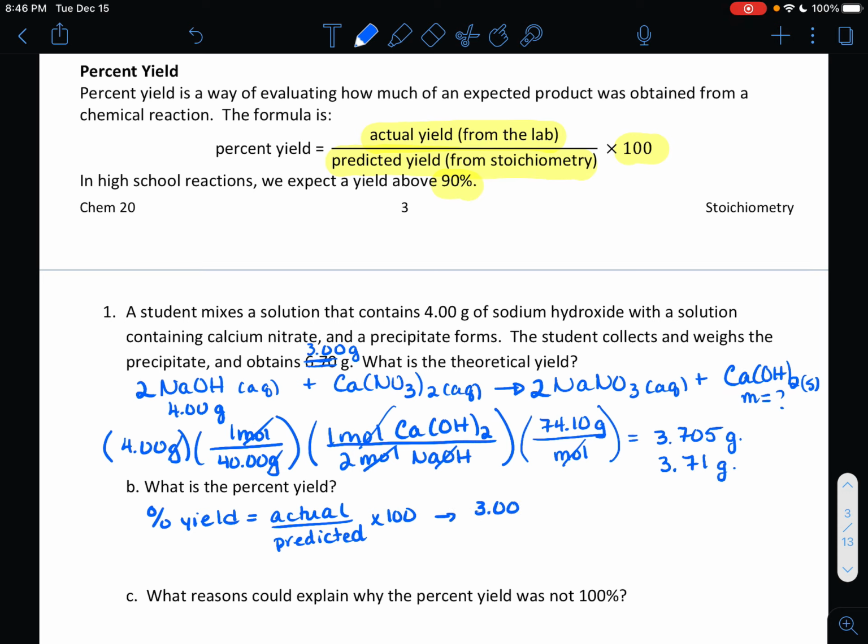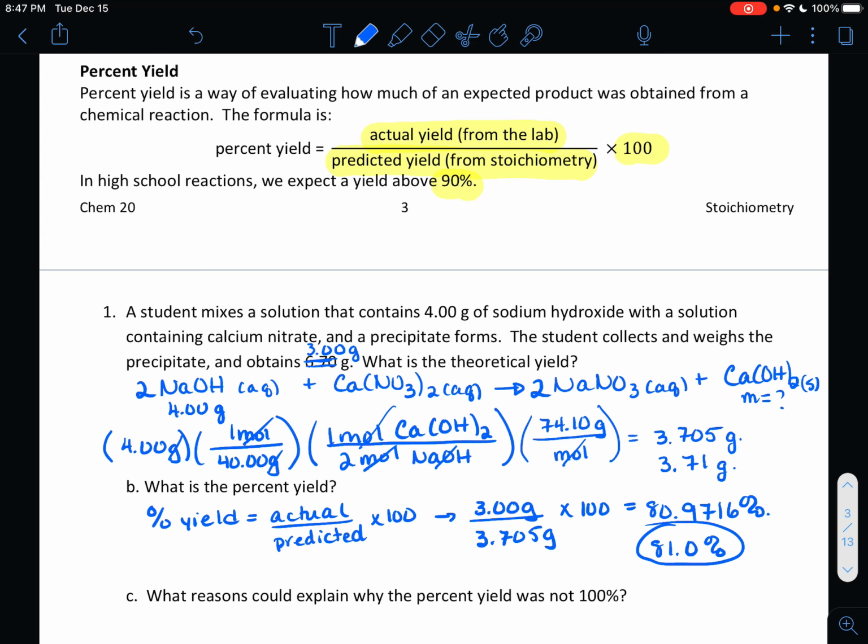So that's going to be 3 grams over 3.705 grams and multiply that by 100. So when you do that, you will see that the value turns out to be 80.9716%. Rounded to 3 significant digits turns out to be 81.0%.